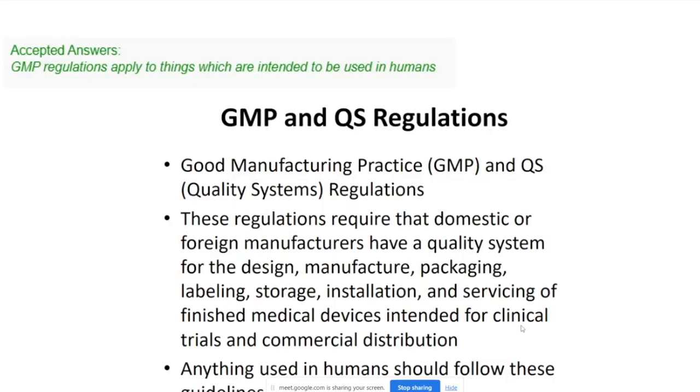GMP, or good manufacturing practices, and QS, or quality system regulations, require domestic and foreign manufacturers to have a quality system for everything, that is design, manufacture, storage, installation, everything intended for clinical trials and commercial distribution, and anything to be used in humans should follow these guidelines.